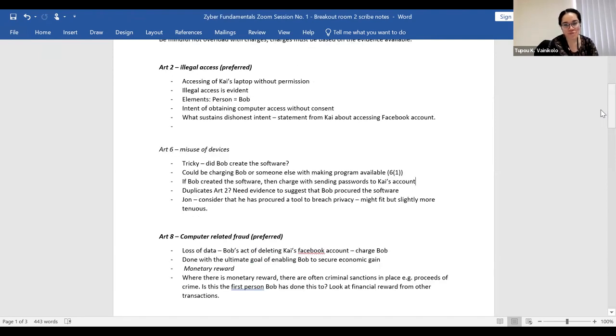The point that we left the group chat on was on the meaning of computer system, whether that could extend to Facebook accounts. So there's two possible scenarios: Kai's unlawful access to the laptop, and then also his unlawful access to the Facebook account. Yeah, I guess that's all I will add at this time.